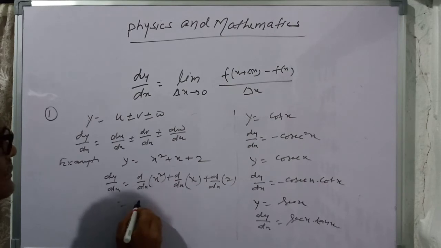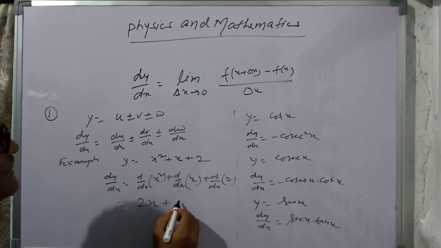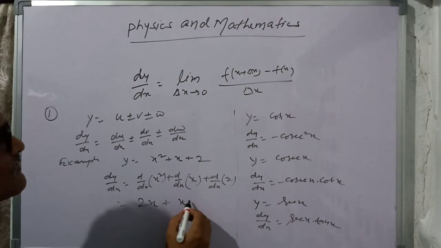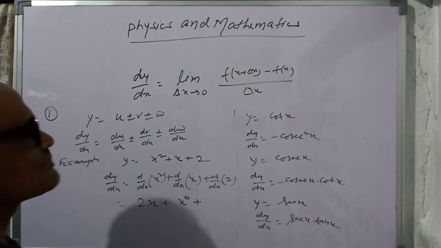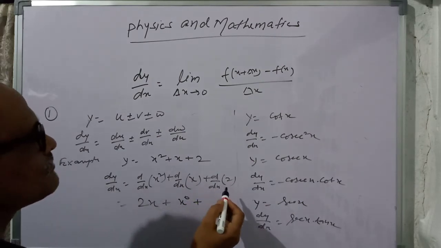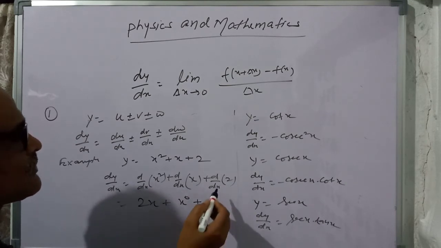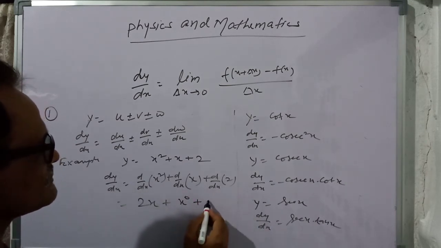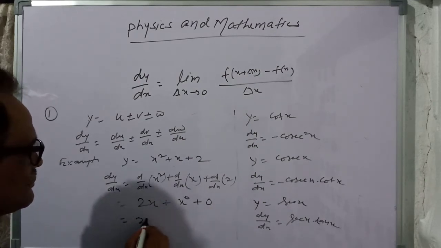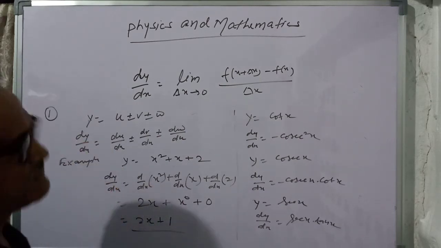And d by dx of x square is 2x, and the exponent of this x is 1, so 1 into x to the power 1 minus 1 is 1, and this 2 is a constant, so there is no question of change in this 2. The rate of variation of 2 with respect to x is 0, so the differential coefficient of a constant is 0, and your answer is 2x plus 1. So this is the first rule.